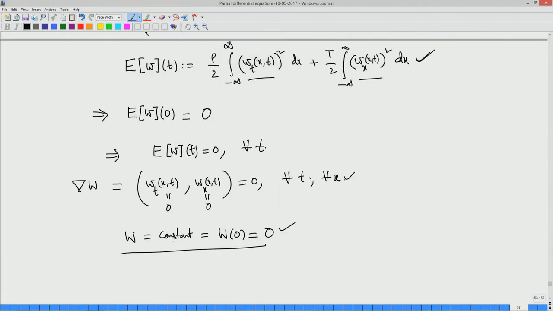So w is basically w of (x, t), and you can say simply that w of (x, t) has to be constant.